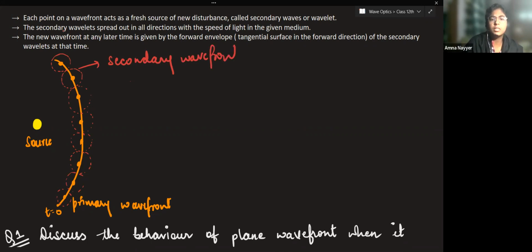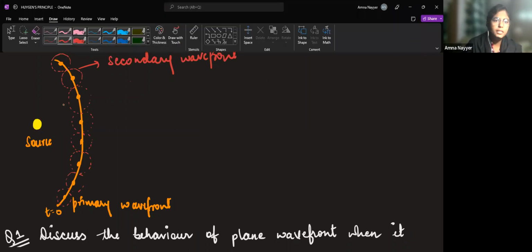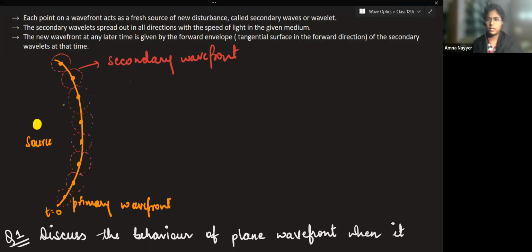But now how did it move? If you join all the forward envelopes, all these arcs that are coming, if you drop a tangent to the arc like this, and keep on dropping the tangents and join all the points, this will be somewhat like this.